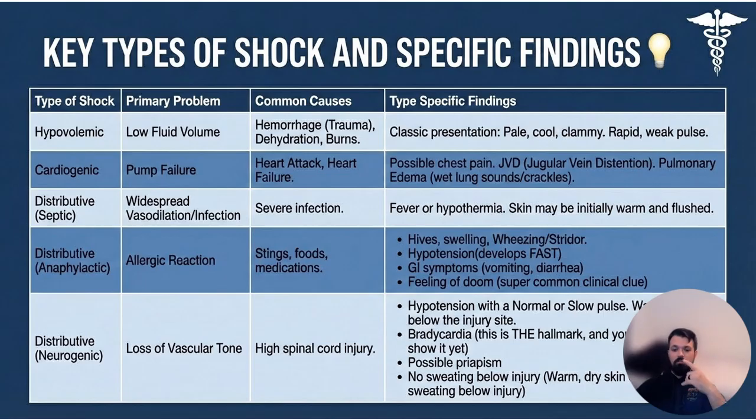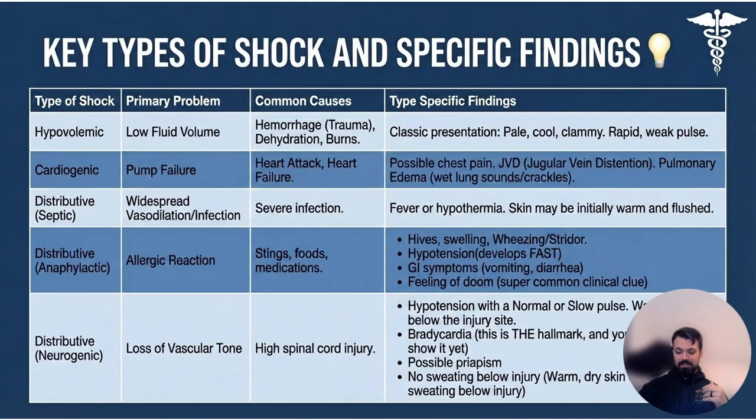For example, hypovolemic is low volume. Okay, a subcategory that is hemorrhagic shock. Hemorrhagic shock is explicitly talking about blood loss. So if you have a patient that's bleeding out or they're bleeding internally and you can't see it, that could be hemorrhagic shock. Some of the signs you will see are pale, cool, clammy skin, rapid, weak pulse. Because they're bleeding out, you're probably going to have low blood pressure and a rapid pulse.